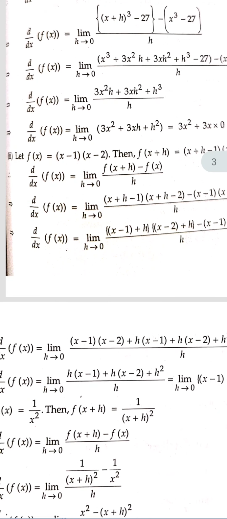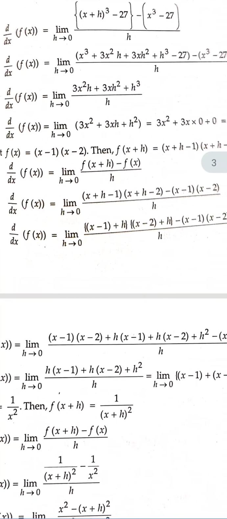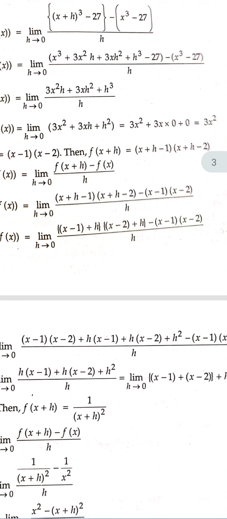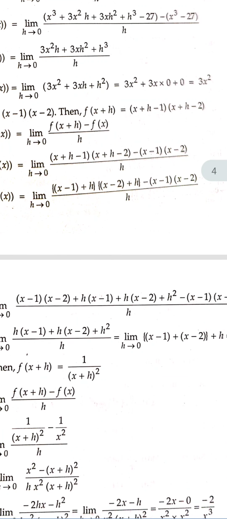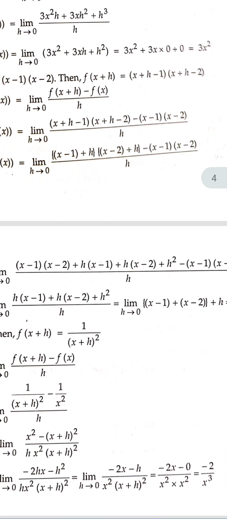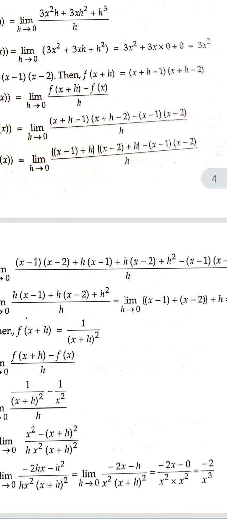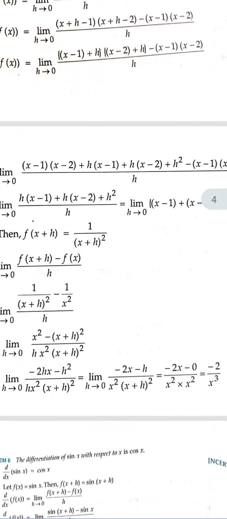Consider the function f(x) is equal to (x minus 1)(x minus 2). Then f(x plus h) is (x plus h minus 1)(x plus h minus 2). Then if we put the values in the function, we get (x plus h minus 1)(x plus h minus 2) minus (x minus 1)(x minus 2). We can also write it as (x minus 1 plus h)(x minus 2 plus h) minus (x minus 1)(x minus 2) upon h.